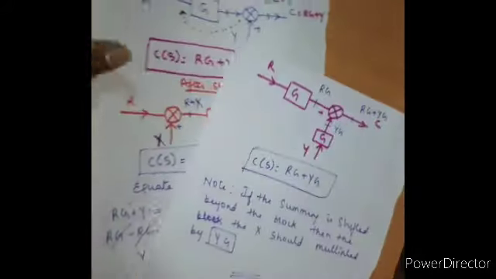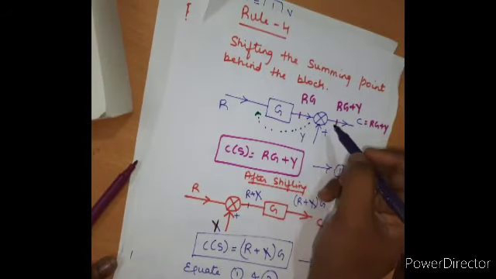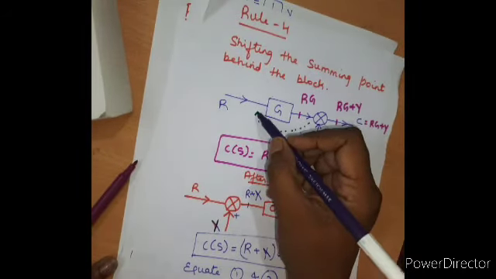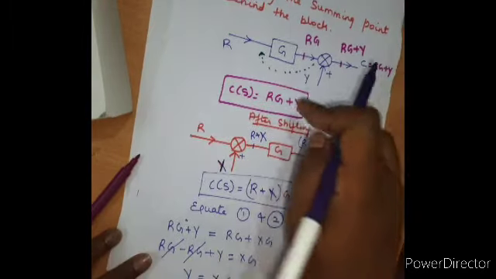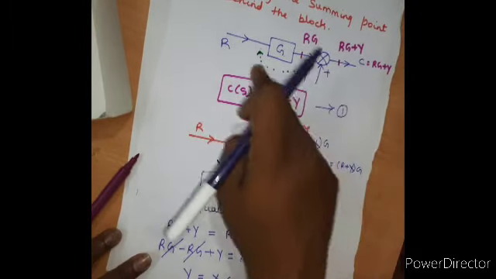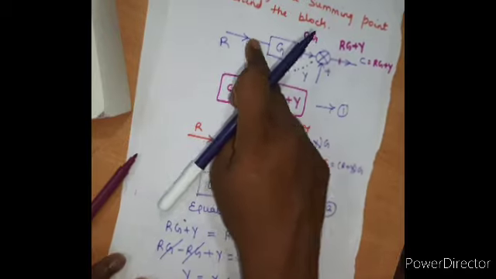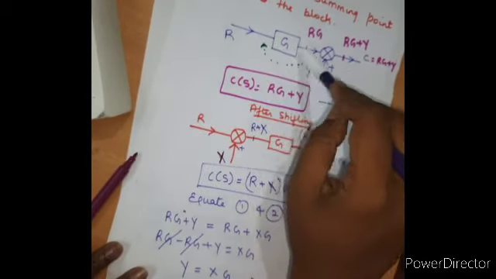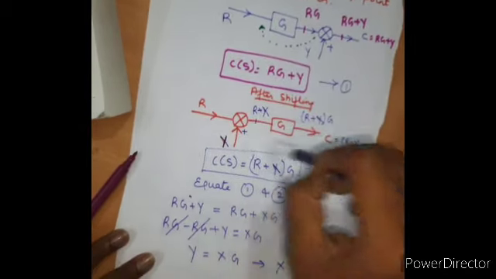So I'll summarize rule number 4 and rule number 5 now. Rule number 4 is shifting the summing point behind the block. Here I have a circuit and this summing point is shifted behind the block. See, before shifting this was my output. After shifting, this will be my circuit diagram.